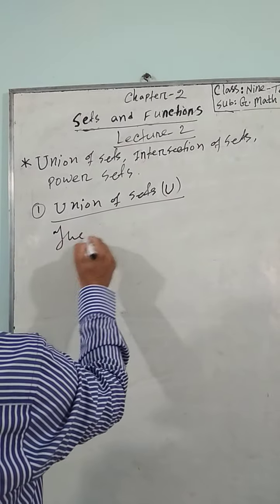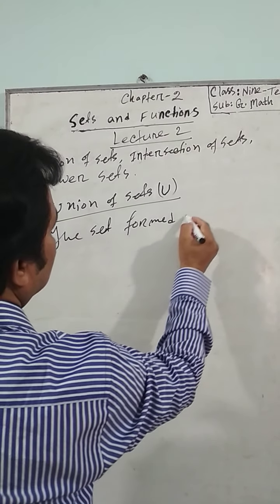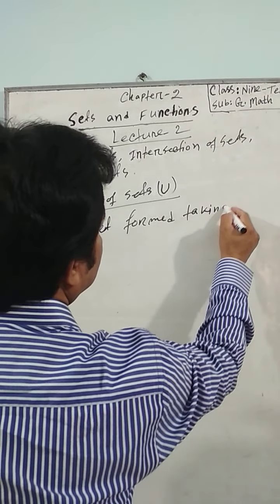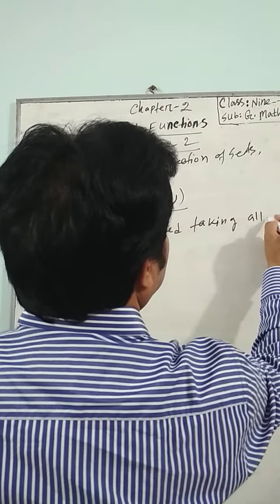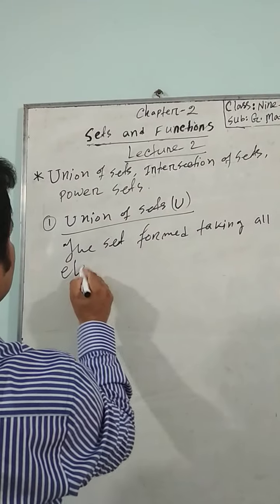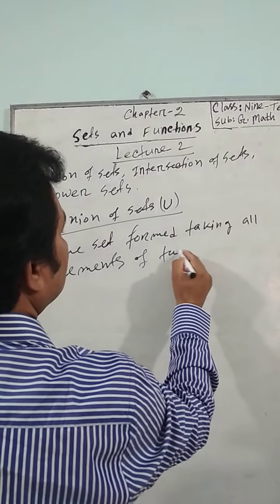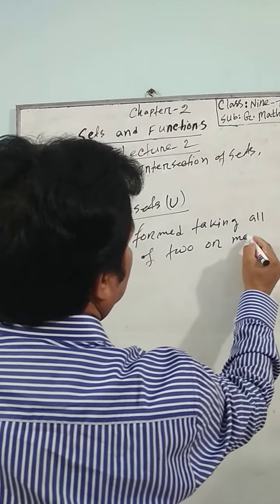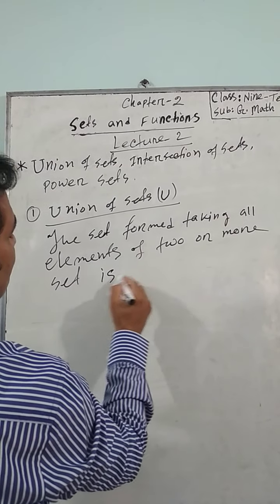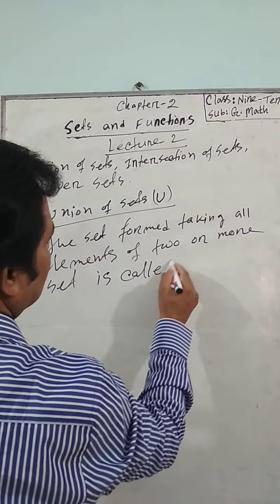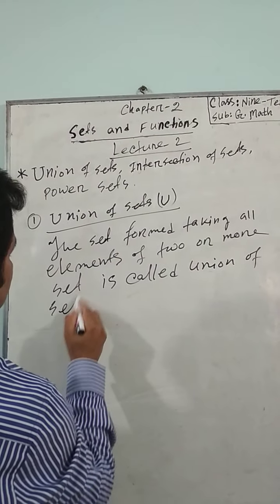The set formed by taking all elements of two or more sets is called union of set.